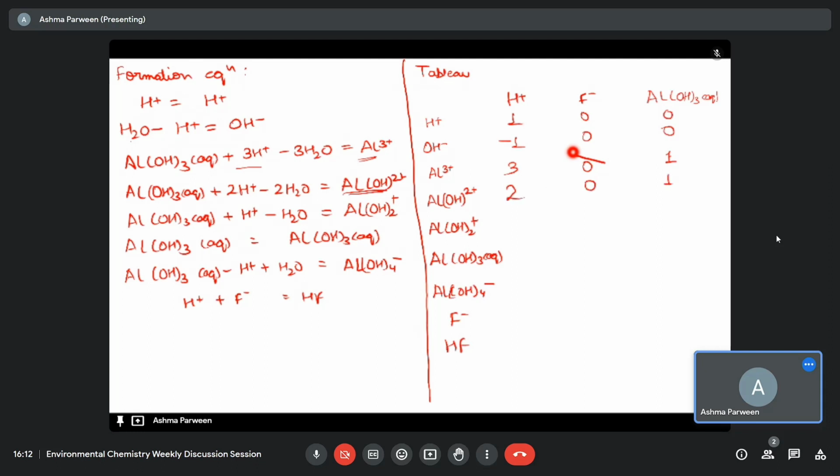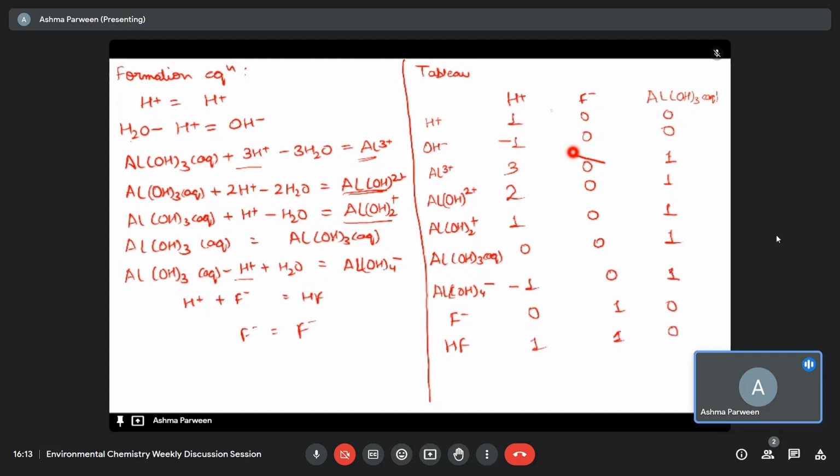Next is this one, Al(OH)2 plus. So 1 H plus, 0 F minus and 1 Al(OH)3 aqueous. Next is Al(OH)3 aqueous only, H plus 0, 0 F minus and 1 here. Next is Al(OH)4 minus, minus H plus from here, 0 F minus and 1 this. And for F minus will be equal to F minus only because this is a component. It will be 0, 1, 0 and HF will be 1 H plus and 1 F minus gives us HF and it will be 0.